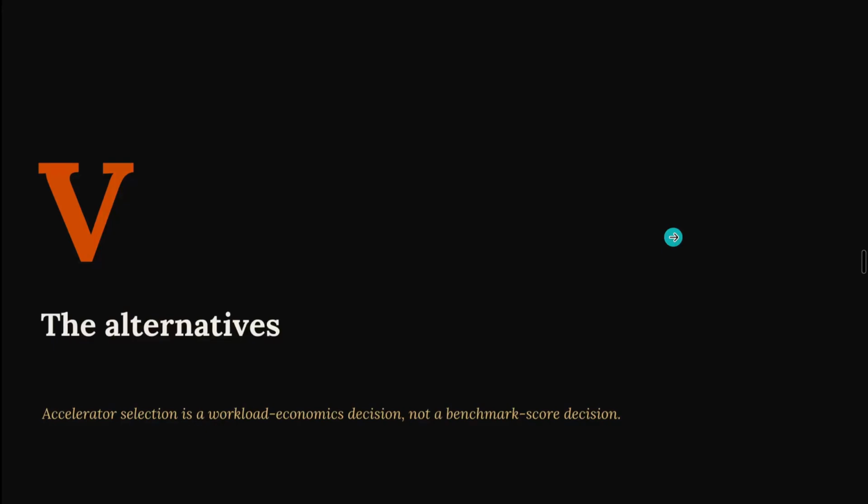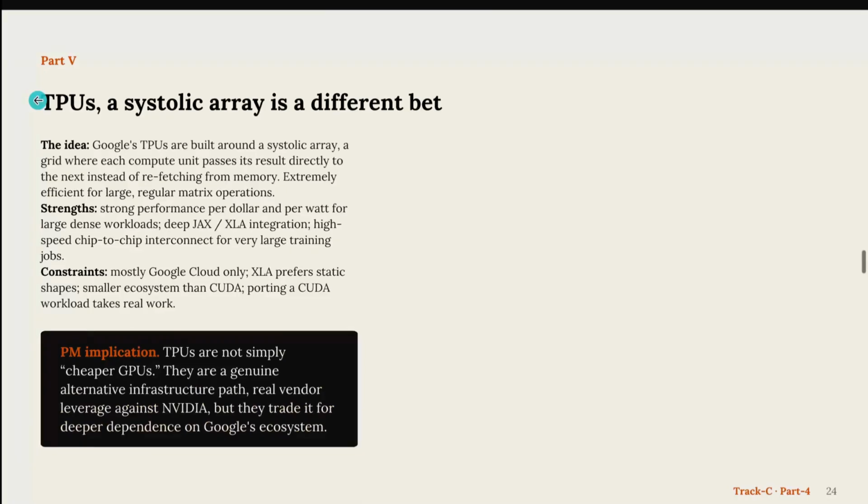TPUs, which are tensor processing units, are systolic arrays which work in a slightly different way and are tied to Google's ecosystem. When we say Google's ecosystem, all their chips, cloud, model, everything is done there.